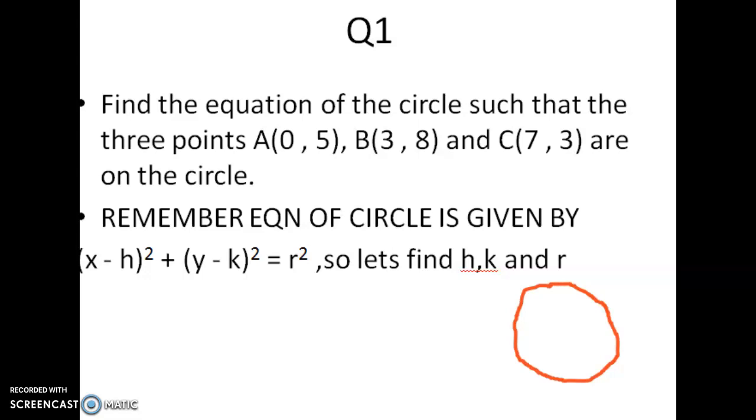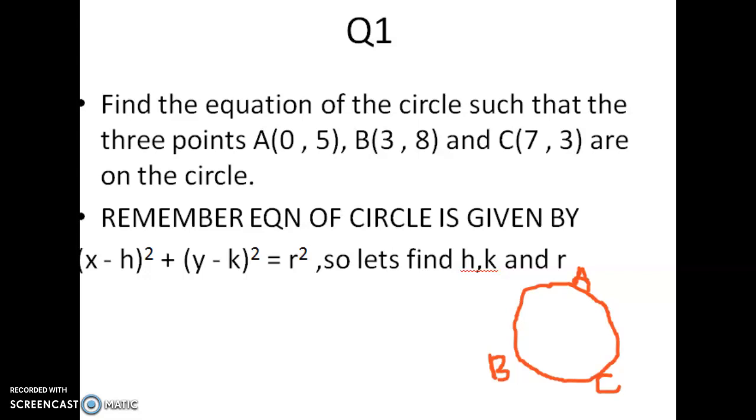All right, we have a circle here, and this one is point A, this one is point B, and this one is point C. Remember from our previous lesson, the equation of a circle is (x minus h) squared plus (y minus k) squared is equal to r squared.